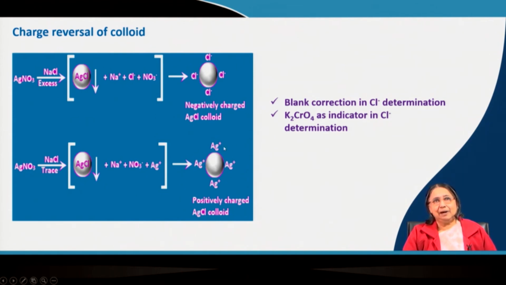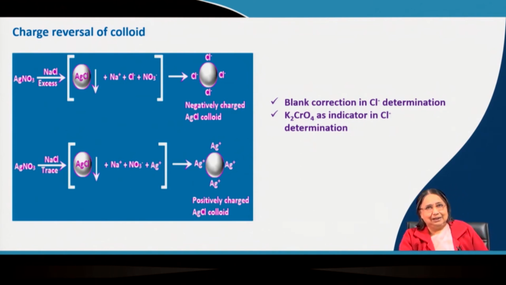It is Ag+, so it will immediately attract the chromate ion for charge neutralization. The chromate ion is adsorbed here, attracted by Ag+, and then you see the brick red color of silver chromate at the end point. This is a very interesting experiment that you can easily perform in the laboratory.